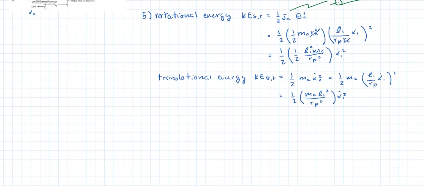So the kinetic energy of the system is equal to the sum of all the terms: KE1, KE2, KE3, KE4, KE5 rotational, and KE5 translational.